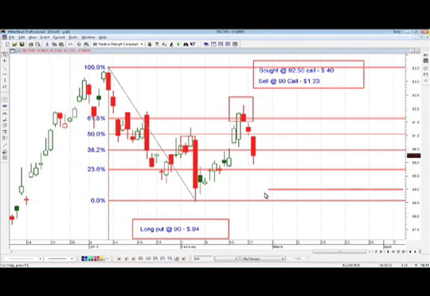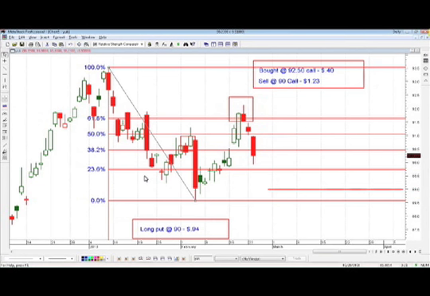Okay, so Susan asks, what levels carry more weight? Is the 38.2% stronger than the 50%? I wouldn't say so. Some traders will further parse the Fibonacci levels. There are others besides the ones that I have displayed here. I think it gets a little complicated after a certain point, but the three that I tend to stick with are the 38.2, 50, and 61.8.